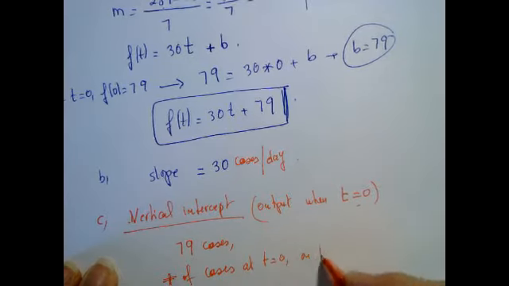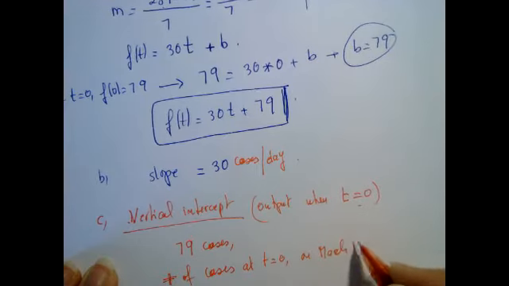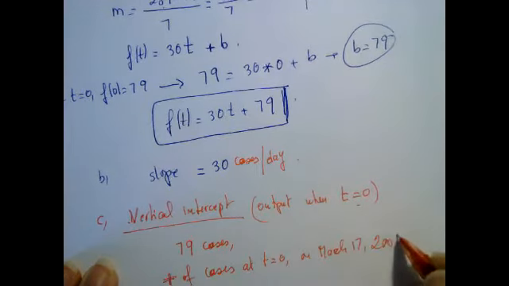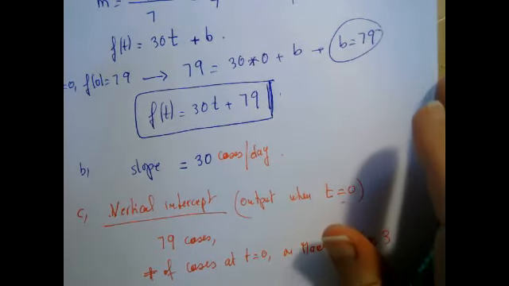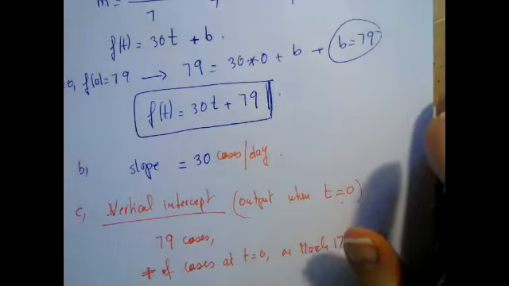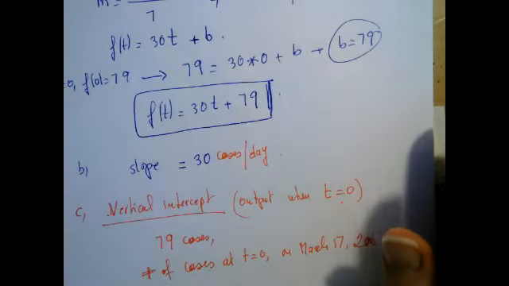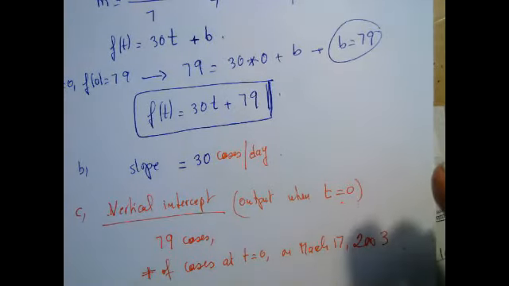That's really what the vertical intercept is. It's what happens when t equals 0. What's the number of cases at t equal to 0? All right, I look at number 22.